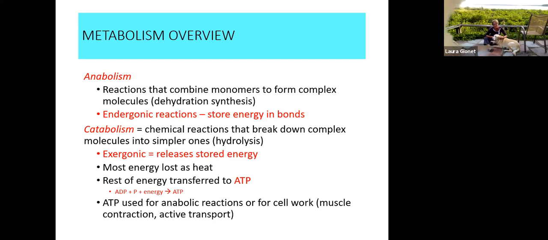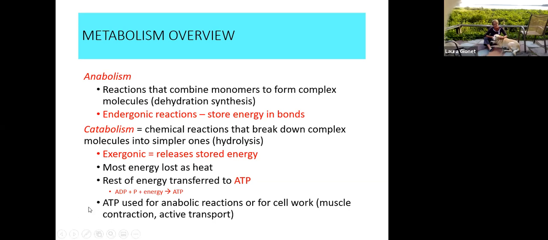Remember that we looked at ATP in A&P 1 also, adenosine triphosphate. That third phosphate at the end of the 3-phosphate chain, when that bond is hydrolytically broken, releases a lot of energy. If we have adenosine triphosphate and we break the bond and release one of those phosphates, we're left with adenosine diphosphate, ADP.